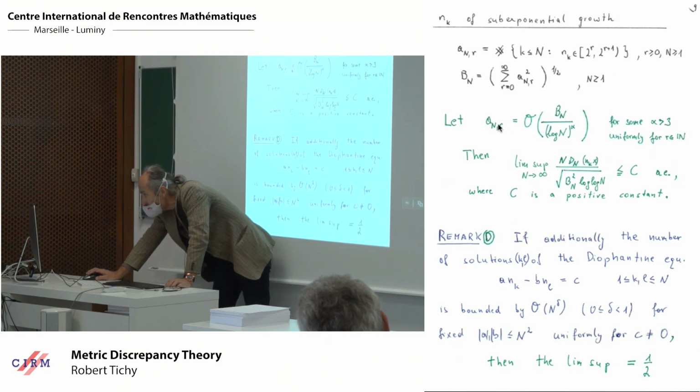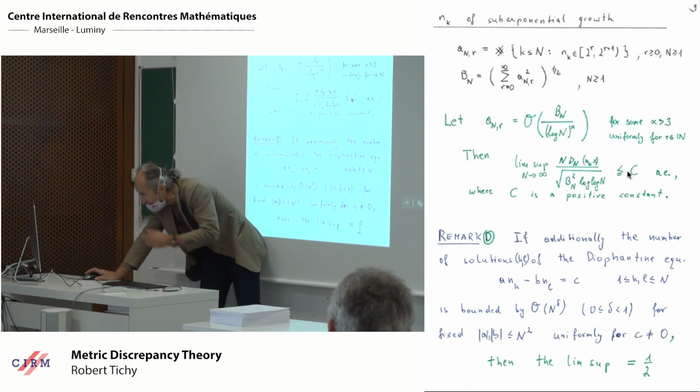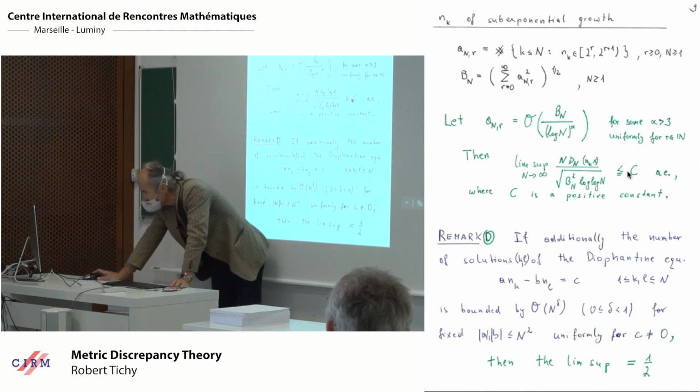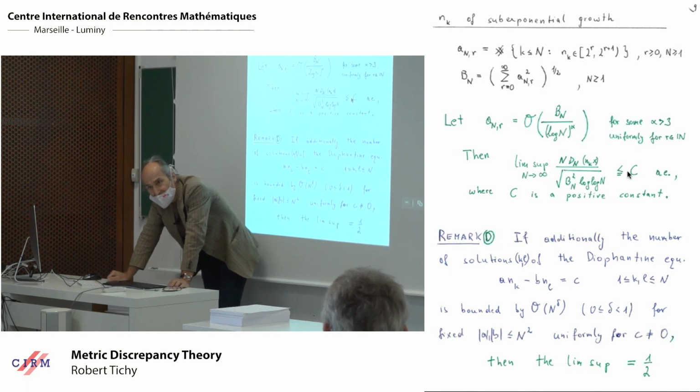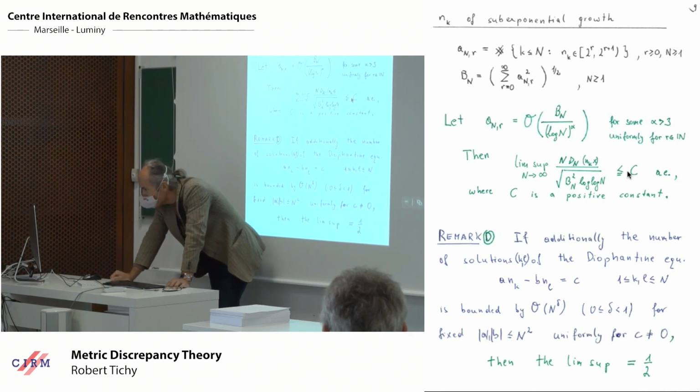And if we know upper bounds for these quantities, you see this bound here, for some technical exponent alpha, and uniformly in R, which is the size of these dyadic intervals, then we get a law of the iterated logarithm again with some constant.